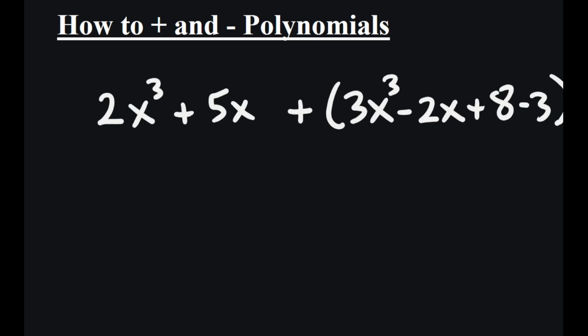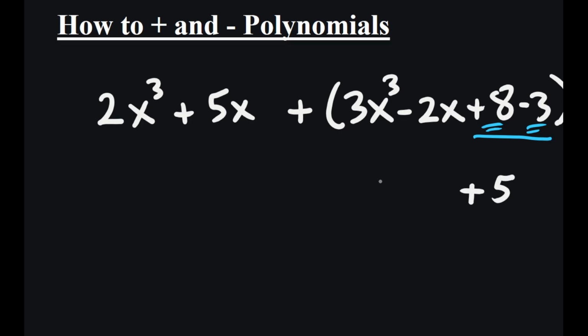Now, what can we do inside this set of parentheses, this polynomial here on the right? Well, there is one set of like terms: the positive 8 and the negative 3. If we combine them, 8 minus 3, positive 8 and negative 3, that comes out to positive 5.